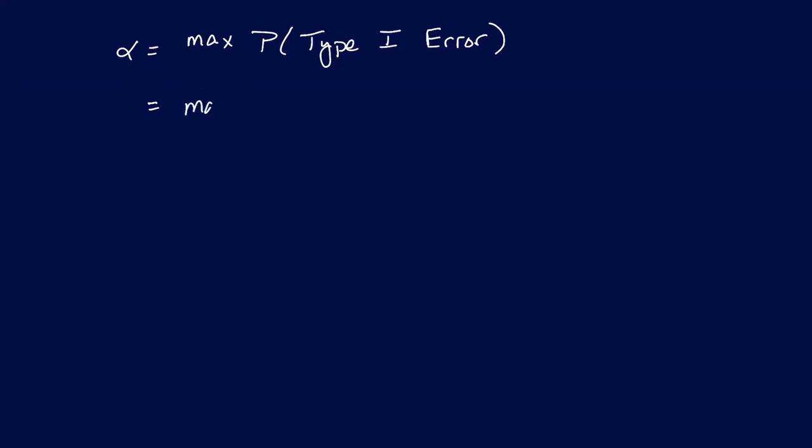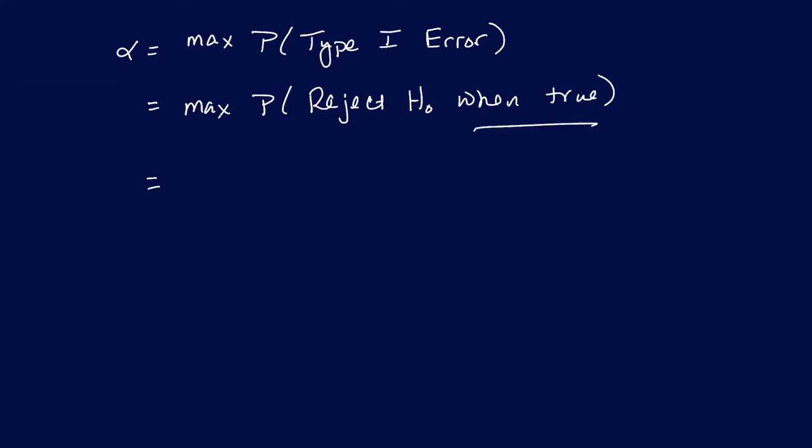It's going to be the maximum probability of rejecting the null hypothesis when it's true. And when it's true, I'm going to change that to say when the parameter is mu. And then in the maximum, I'm going to take care of the null hypothesis being true. So this is the maximum over all mu equals 0. So there's only one point there to maximize over, and it's fine if you never even brought the maximum in.